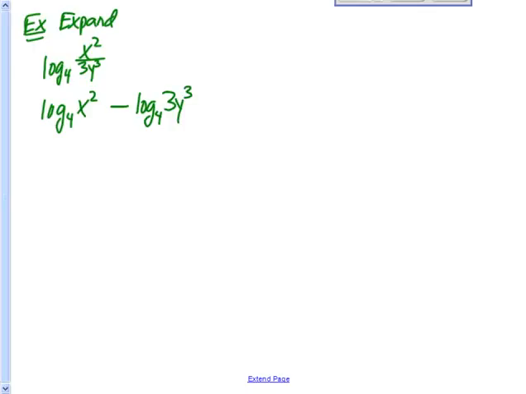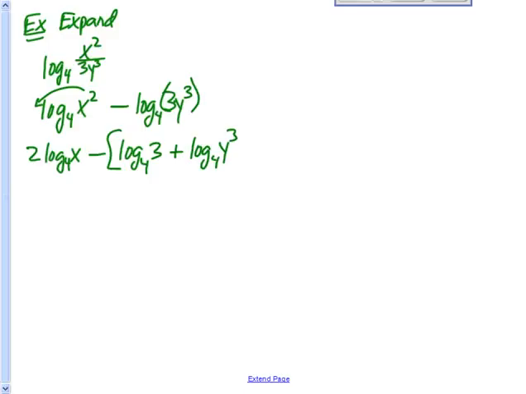Now you see that 2 on the x squared, so that goes in front: 2 log base 4 of x. On this 3y cubed, it's 3 times y cubed, so you've got this product. We use that product property, and since we're subtracting the entire expansion, we have to think about log base 4 of 3 plus log base 4 of y cubed. You see how we expanded the product right there?